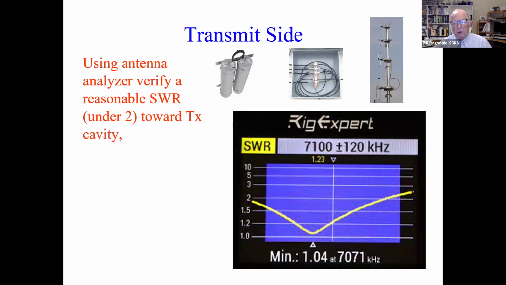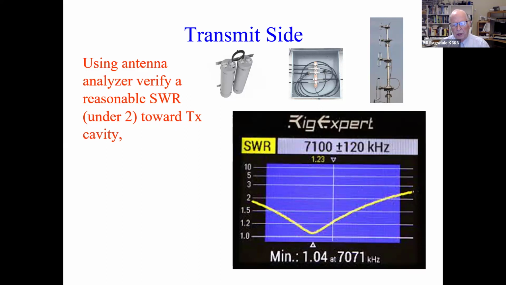So imagine now you've identified the fact that the repeater is transmitting and receiving, and you want to check the transmit side. In this case, you take your antenna analyzer and connect it directly in place of the repeater, and it's feeding directly to your cavity, and then that feeds to your lightning protection and up to the antenna.